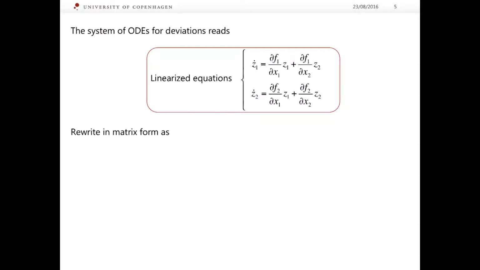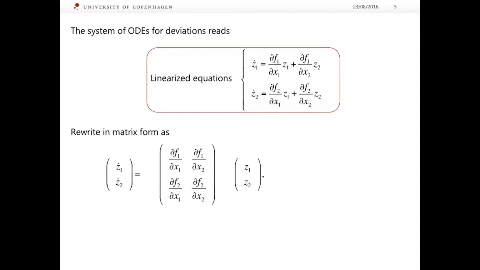The system of linearized equations can be rewritten in matrix form as follows. In the left-hand side, we write down a vector consisting of the time derivatives of the values of z1 and z2, and this is equated to the product of a certain matrix and the vector of deviations with components z1 and z2 itself.